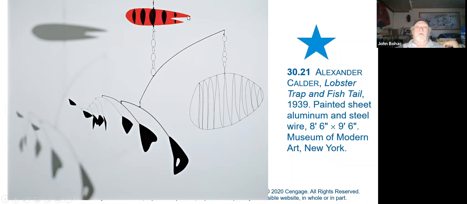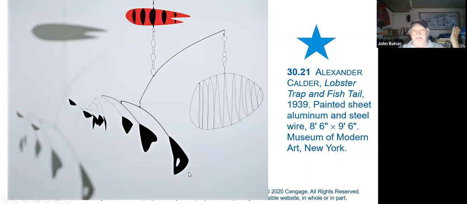And remember, I showed you Moreau and automatic drawing? A lot of these shapes were generated by automatic drawing. So a lot of times they don't really make a lot of sense. If they end up doing so, good. And we'll talk about lobster trap and fishtail.